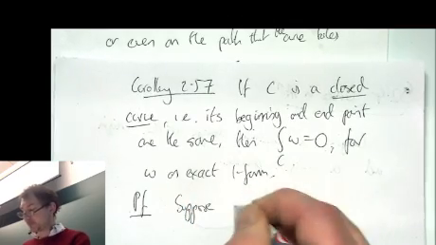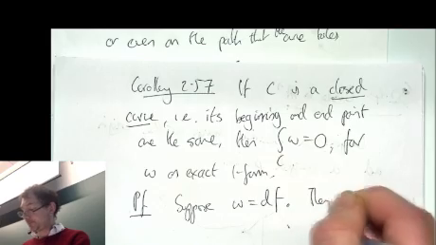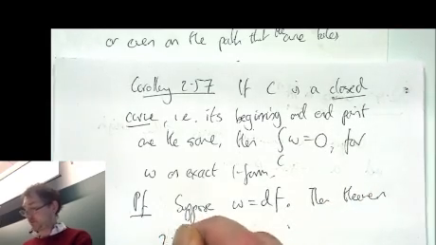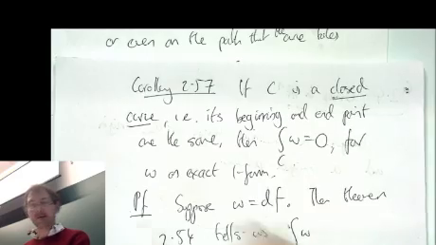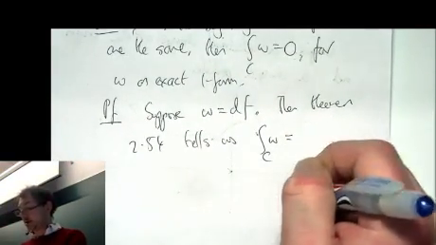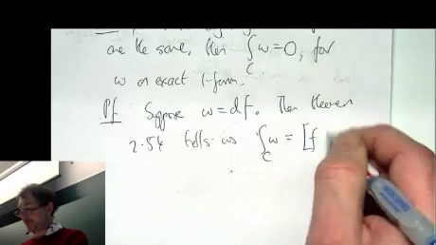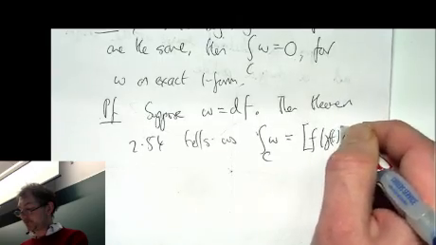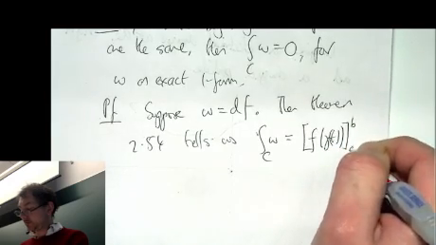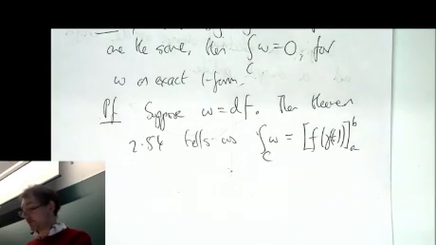Suppose omega is equal to df, then Theorem 2.5.4 tells us that the integral of omega around C is just equal to f of gamma of t between the points B and A that define the closed curve.